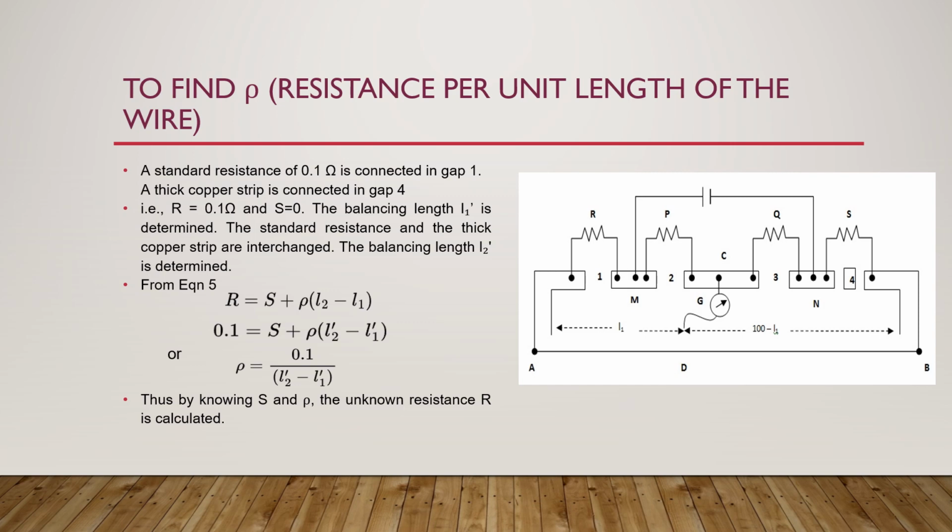We know that R is equal to 0.1, S plus rho, now the balancing length is L2 dash minus L1 dash. Here we connect a copper strip, therefore S is equal to 0. If we put S equal to 0 here, then rho is equal to 0.1 by L2 dash minus L1 dash. Thus, by knowing the values of S and rho, the unknown resistance R is calculated.